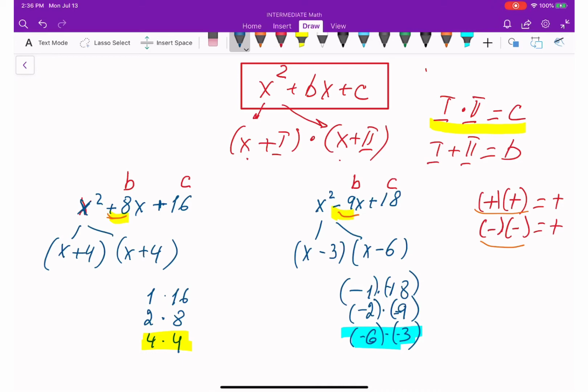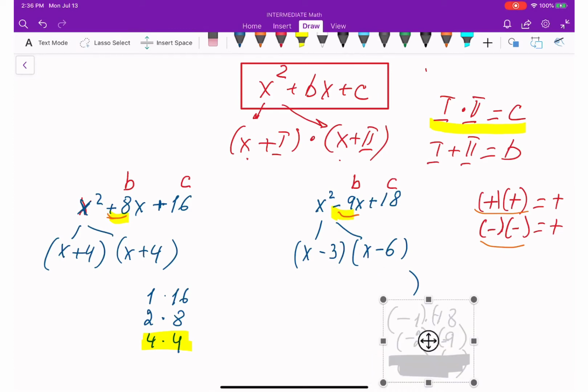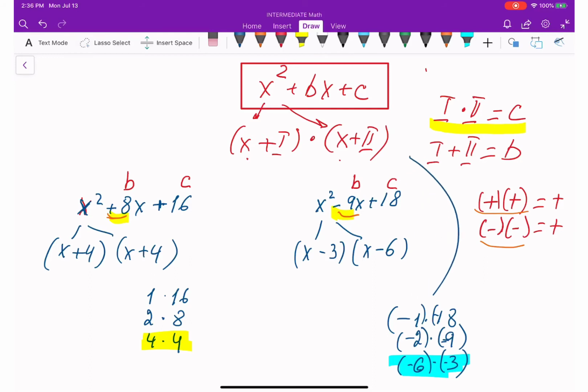Now, can I put this in this format? It would be easier to write down than move around so much.